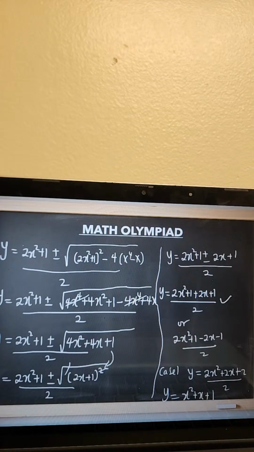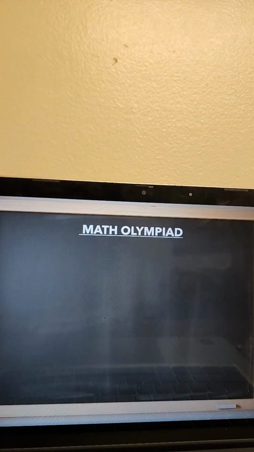For case 2, here we have y equals 2x squared plus 1 minus 2x minus 1 over 2.